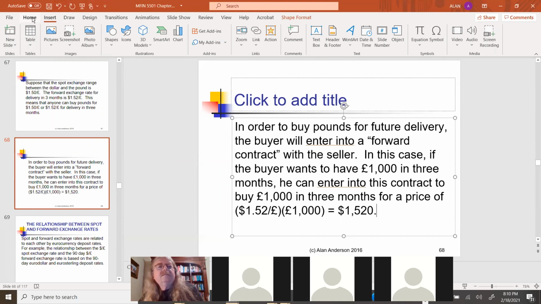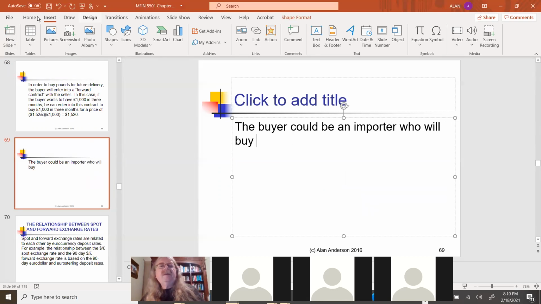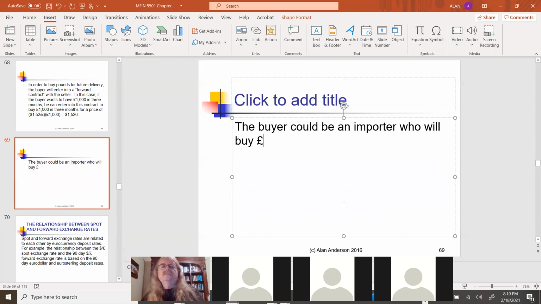Well, let's see. The buyer could be an importer who will buy 1,000 pounds worth of British goods in 3 months.